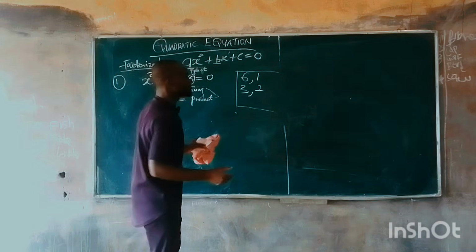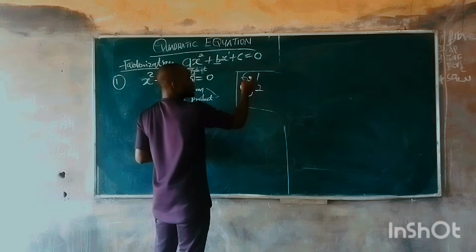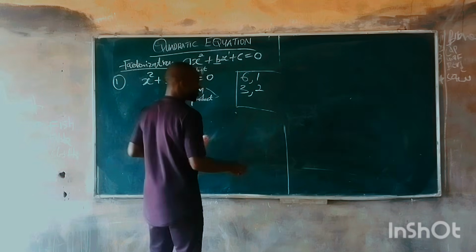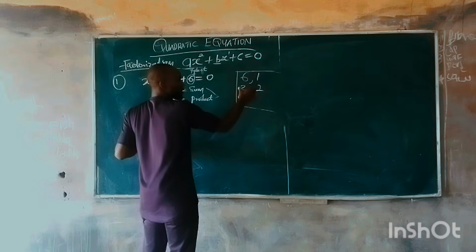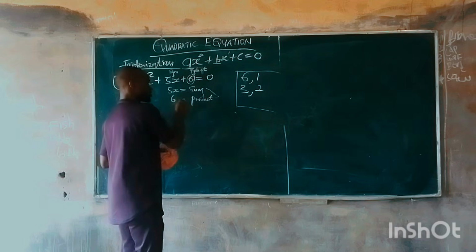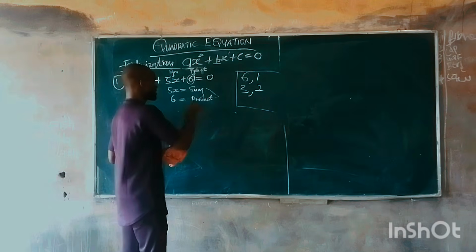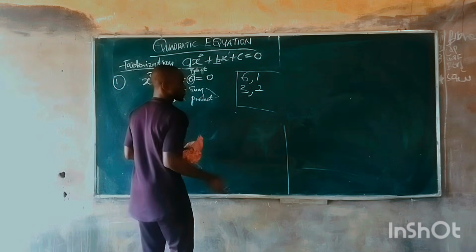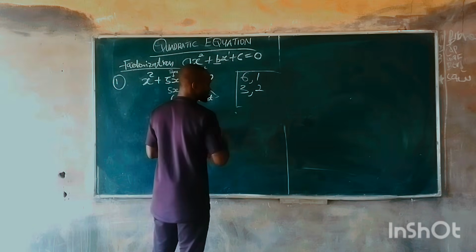What do I mean? We are looking for how we can join each pair of factors to get the value of the sum. So we want to sum up the factors and get this value. That was why I said we should assume it as the sum.